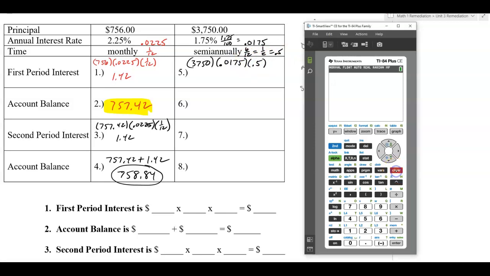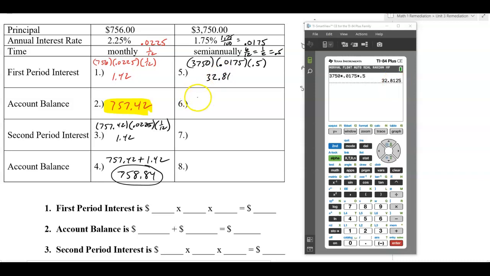When I do that in the calculator, 3,750 times 0.0175 times 0.5, that would give me $32.812, which ends up being $32.81.